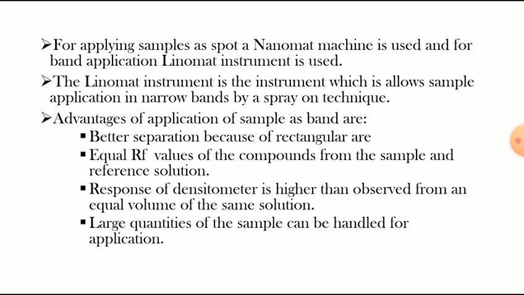These are the advantages of application of sample as a band. Now we will see the fourth step, that is development, or we can say separation, or mobile phase. That means by using the mobile phase, how we can develop, or how we can separate the sample components.